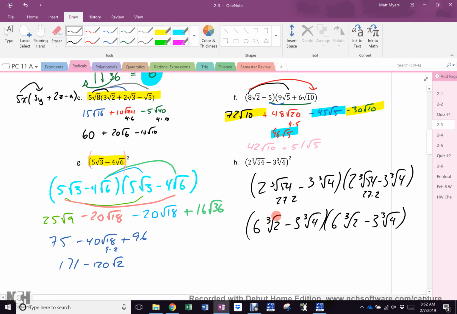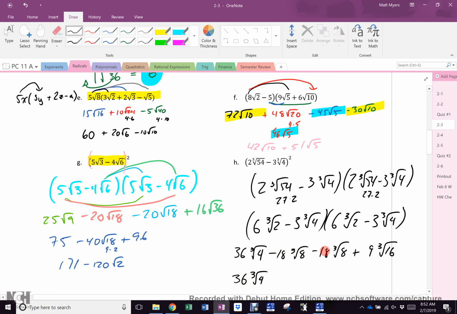FOIL. 36 cube root 4 minus 18 cube root 8 minus 18 cube root 8 plus 9 cube root 16. There is no cube root of 4, so that doesn't change. There is a cube root of 8. What is it? 2. There's another cube root of 8. 2. So that becomes 36 cube root 4.